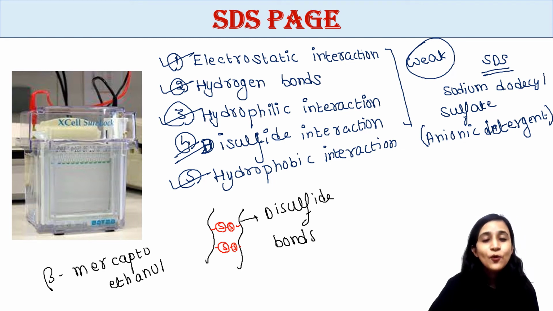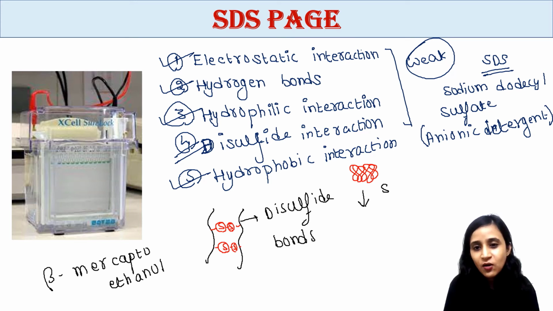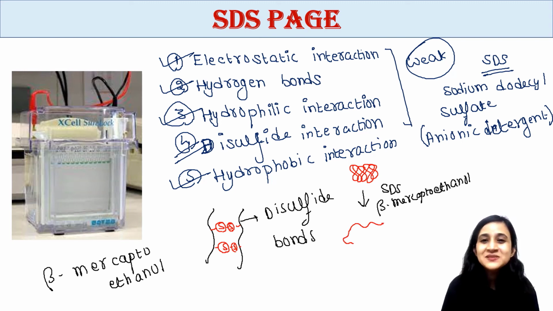That means the protein loses its folded form and becomes linear. Suppose this was the protein first, and after the treatment of SDS and beta-mercaptoethanol, the protein is now like that. So it becomes linear. SDS does one more thing. It gives negative charge to the denatured linear proteins.